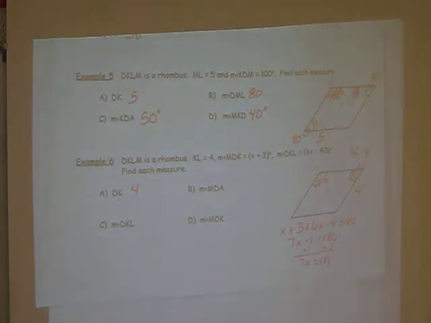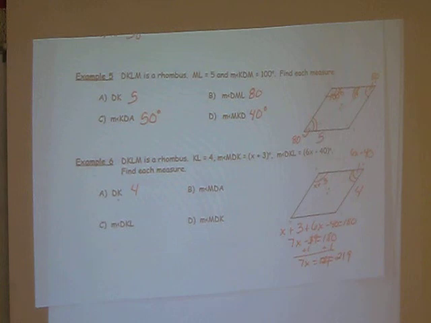Thinking I did something wrong there. How about 6x minus 40? That will make that a 39. And then 180 plus 39 is 219.